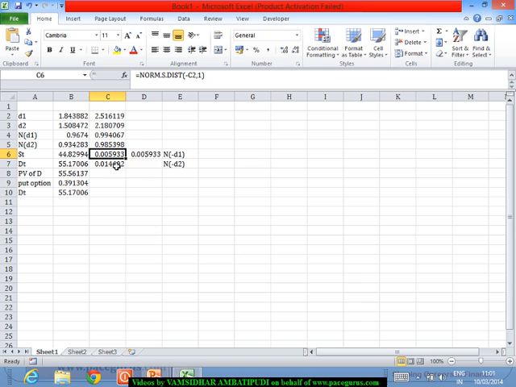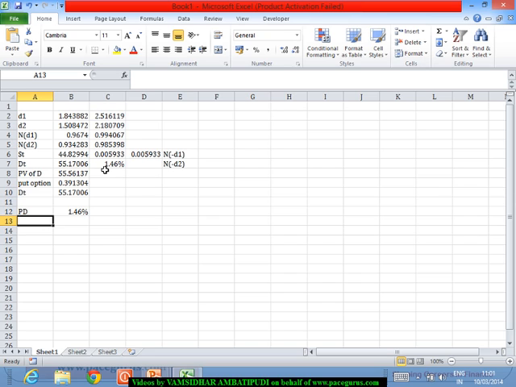N of minus d2 is a measure of the probability of default. So in this case I can very easily compute that the probability of default is 1.46%.